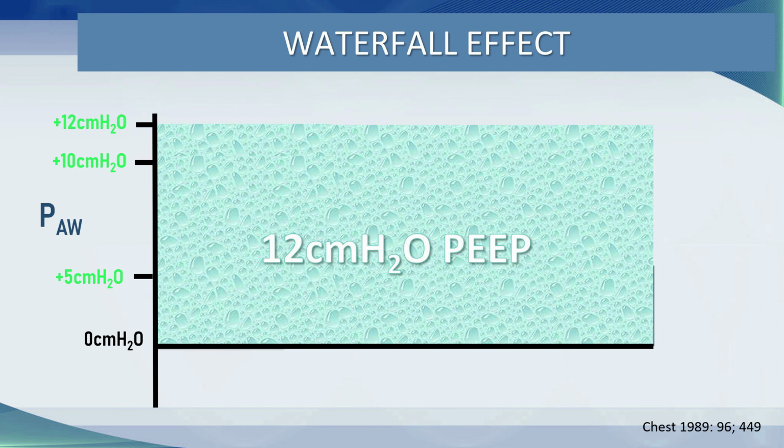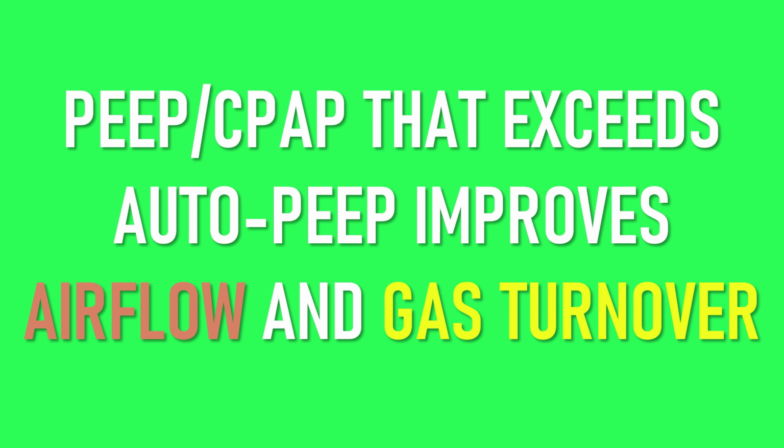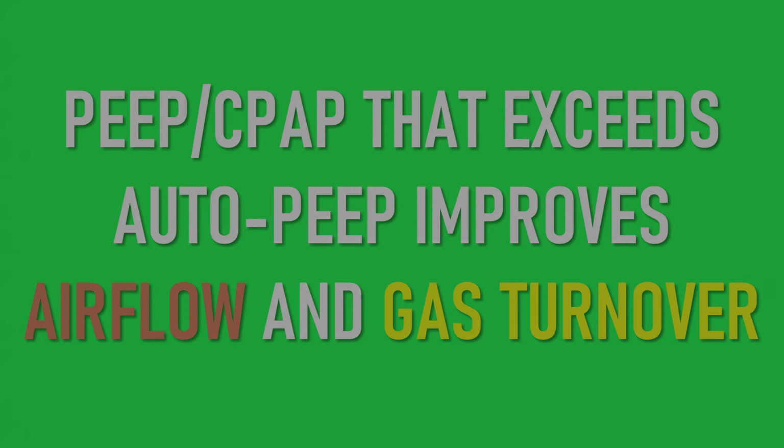You can see here that the pressure has now equalized, so the higher level of PEEP results in better gas distribution in inspiration and expiration. But at what cost? PEEP or CPAP that exceeds auto-PEEP improves airflow and gas turnover, but remember, it also increases dead space.